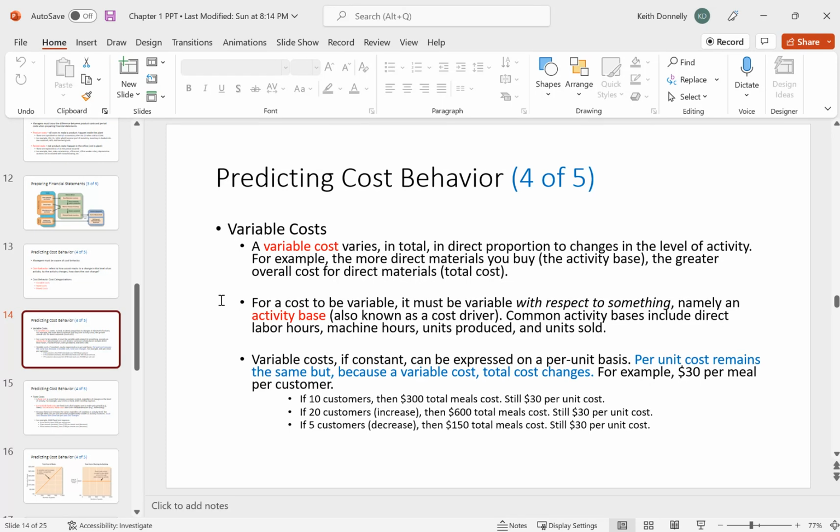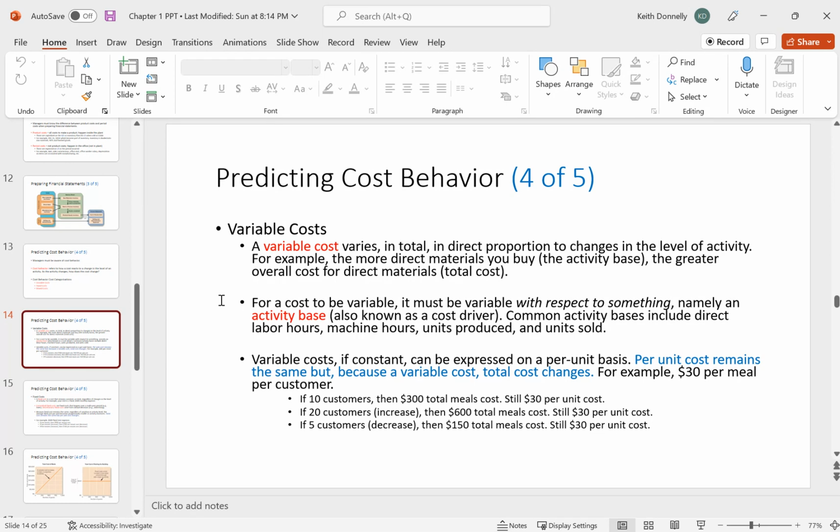A variable cost is one that varies in total depending on the level of activity. However, the per unit cost remains the same. For example, the more direct materials you buy, the activity base, the greater the overall cost for direct materials. It's like if I said, go into the mall and buy some t-shirts, and let's assume every t-shirt costs $20.